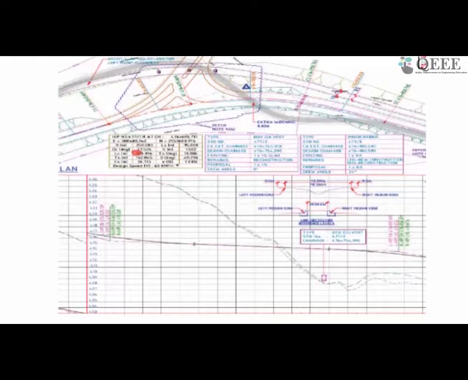Now, where this question is coming from, I don't know: what is negative super elevation? Negative super elevation is part of railways, not part of highways. But in highways, in some conditions, we may need to provide super elevation in a different direction.